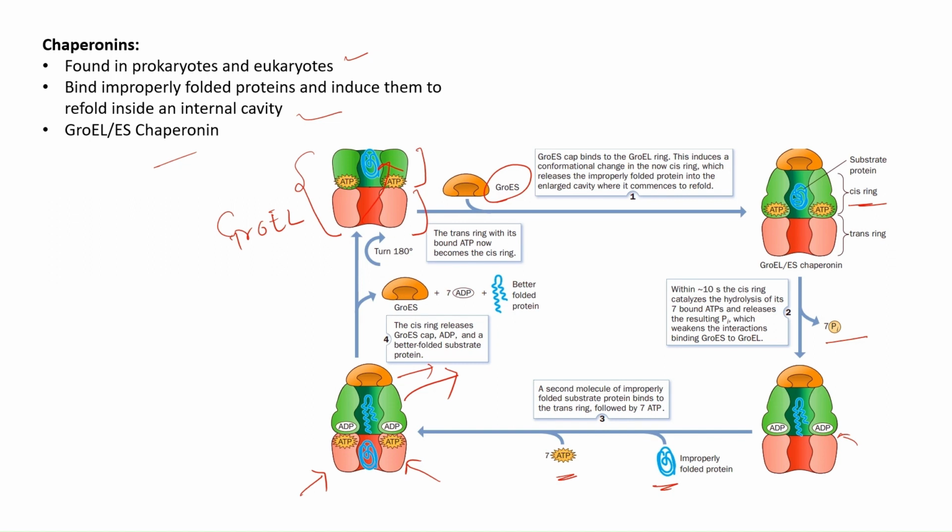After that, the cap will open and the folded protein will be released. Once it is released, the new unfolded protein will shift from the trans ring to the cis ring along with ATP. Again GroES will come and bind, and the process will repeat. This is how the cycle continues to help in folding of unfolded proteins.